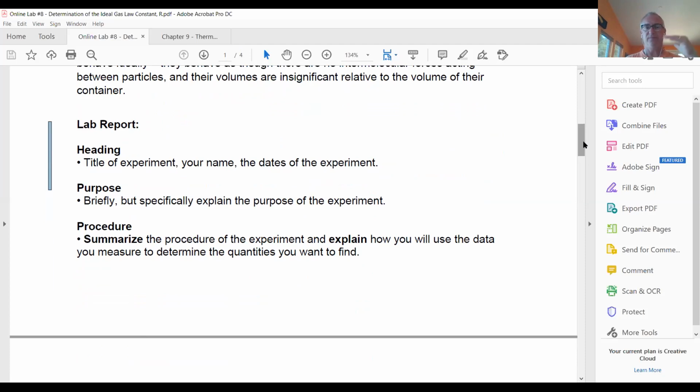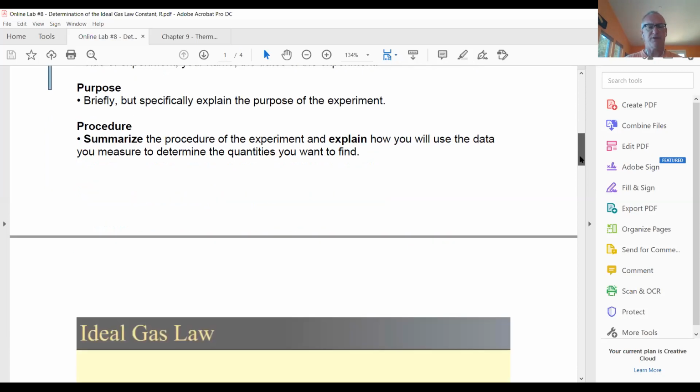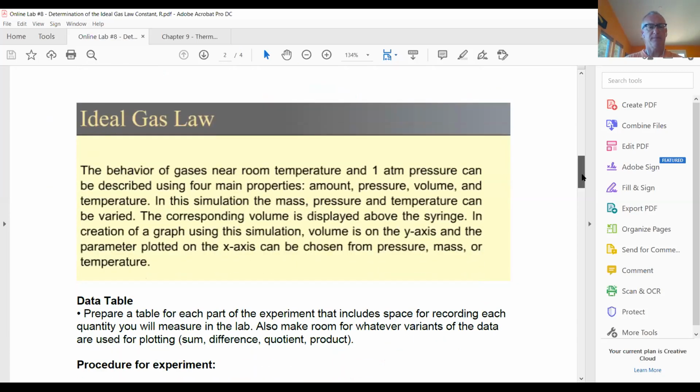Give us a heading, the title, name, and the purpose, just really briefly: what are we doing this for? Oh, we're solving for R. Okay. The procedure. Now, don't give the whole procedure. Just summarize it very briefly. Four or five lines is really all you need. You don't have to go through every single small step, just the broad strokes.